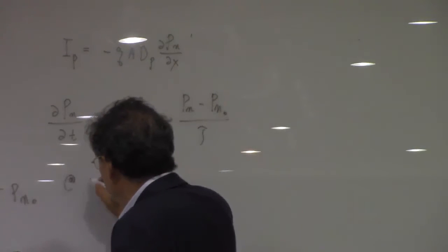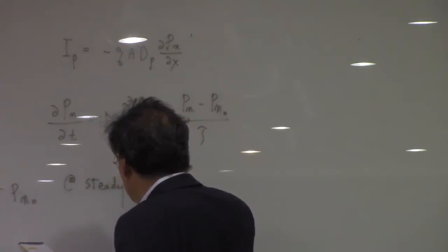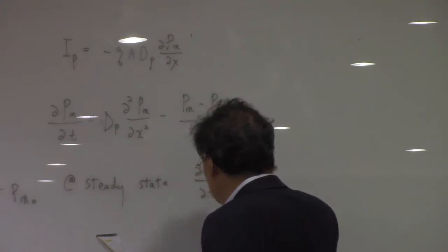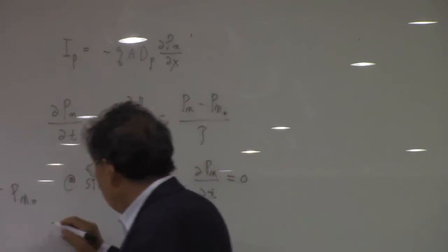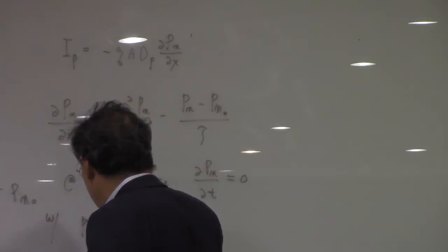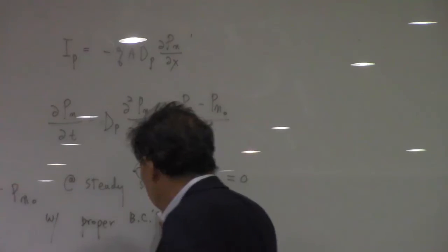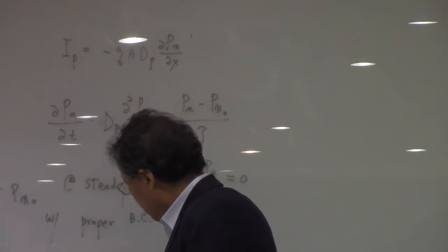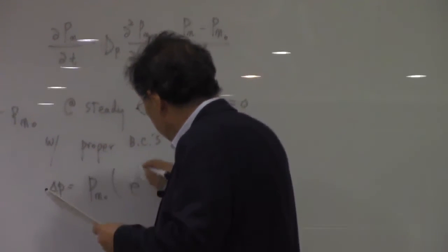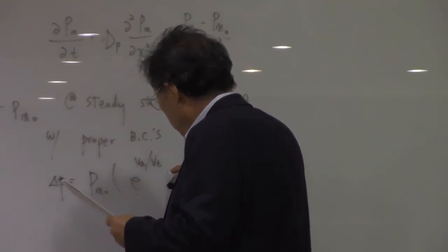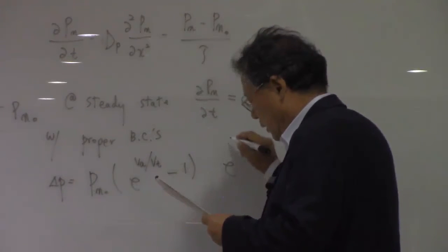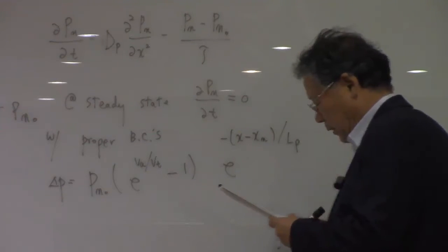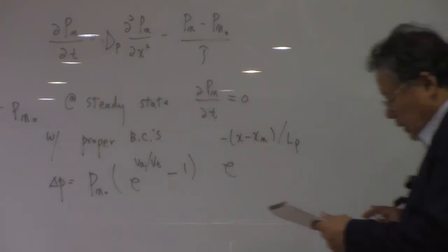So at steady state, this change in the concentration should be 0, and with proper boundary conditions, we can see that delta P is going to be Pn naught (e to the Va over Vt minus 1) times e to the minus (x minus xn) over Lp, where Lp is the diffusion length. All right?